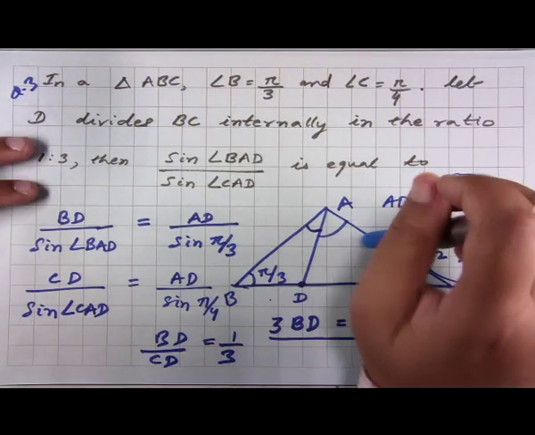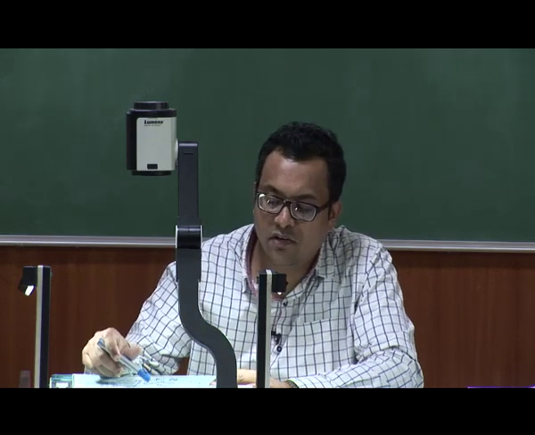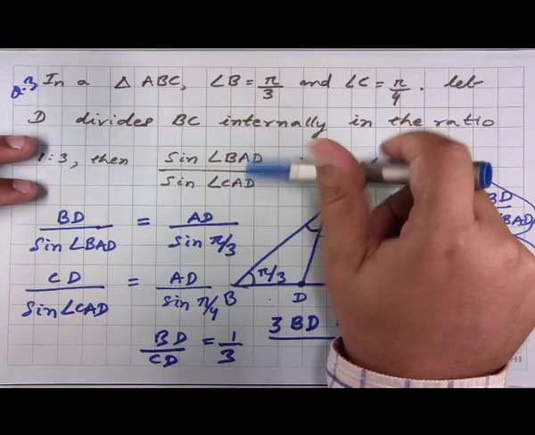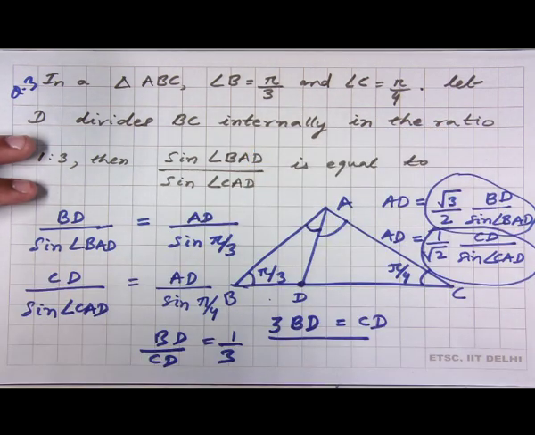So, let us now reflect on how we solve this problem. Because the sine of the angles are involved here, we got the hint that we should probably be using the sine law.